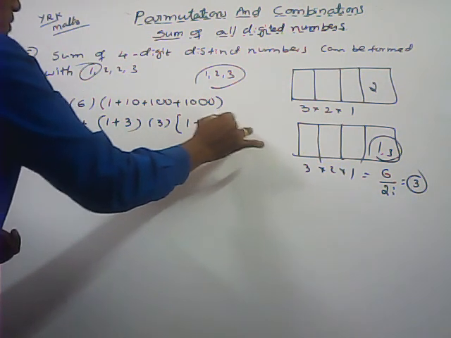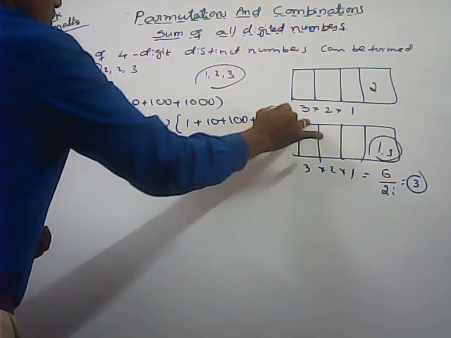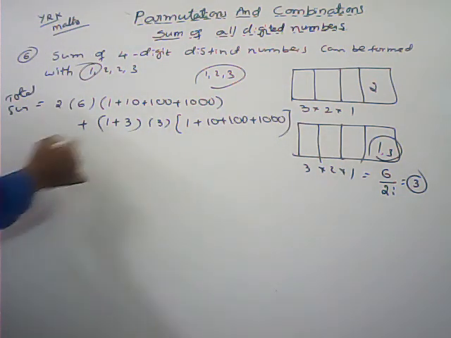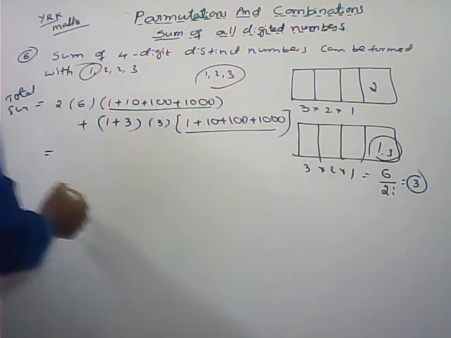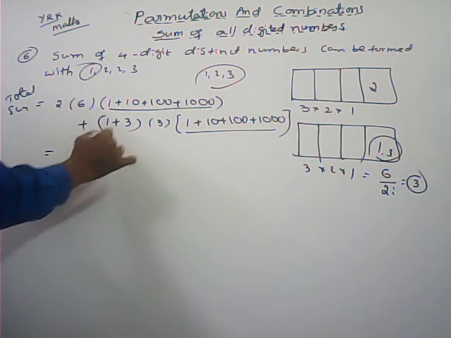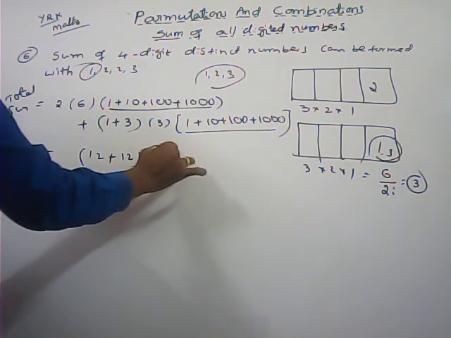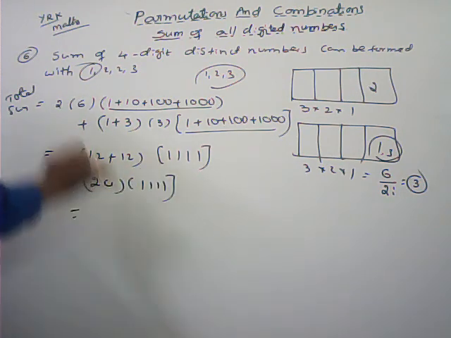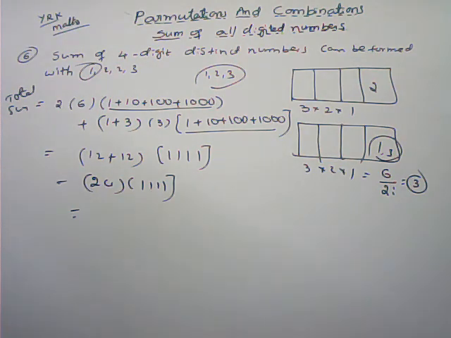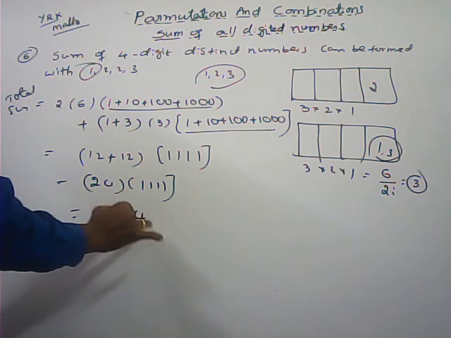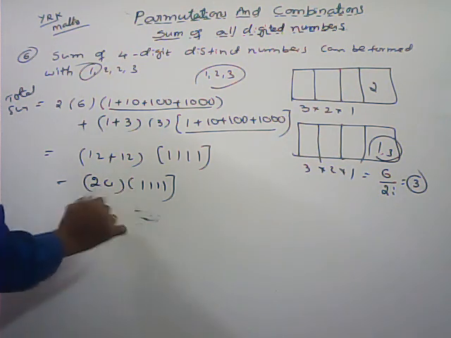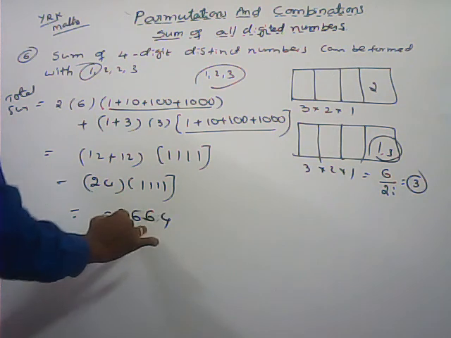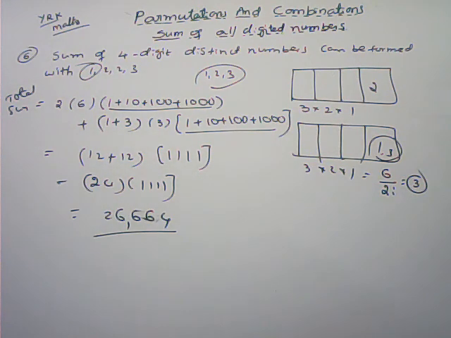So from these 2 we can take this as common. 2 into 6 is 12 plus 4 into 3 is 12, that is 24, into 1111. By multiplying these 2 we get 26,664. So like this we can solve in an easy way, without using the formula also we can solve. Thank you.